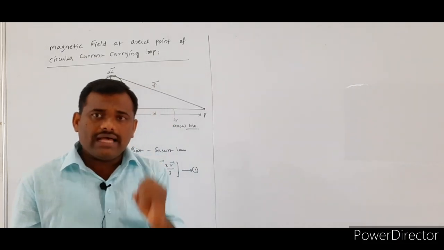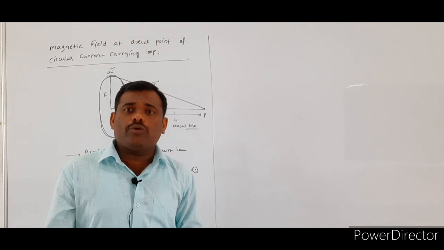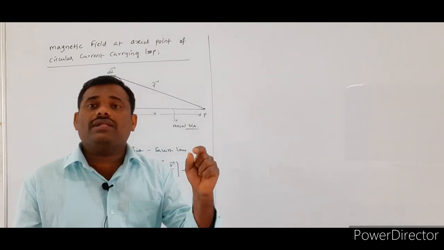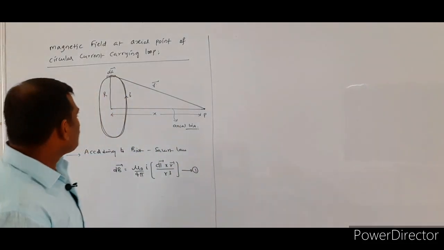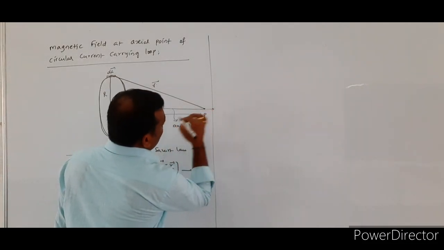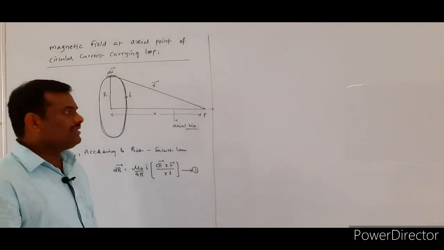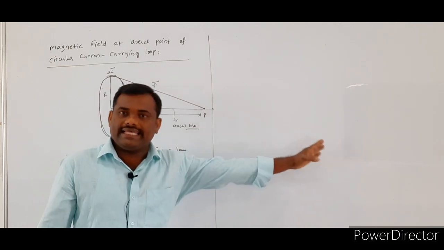Now, some assumptions we have to assume. These assumptions are very, very important to know the direction of the magnetic field. So here I am assuming that this axial line will be present along the x-axis.